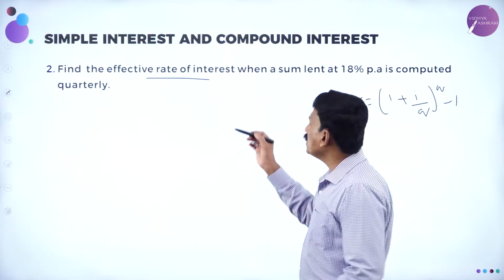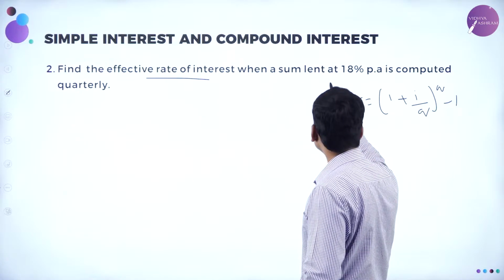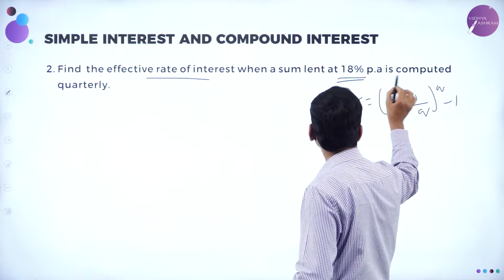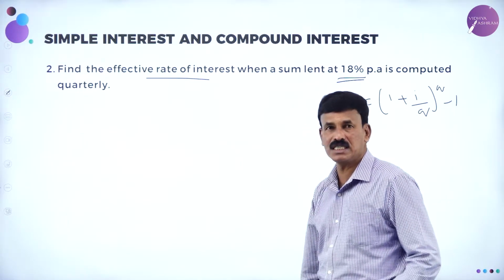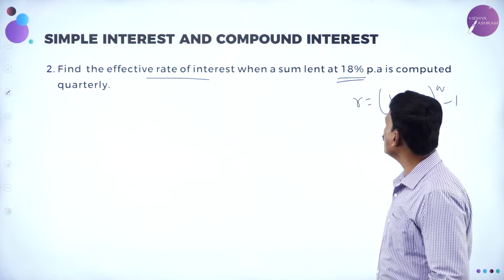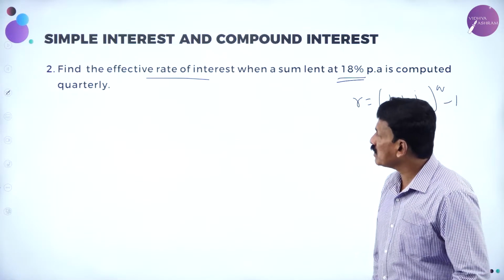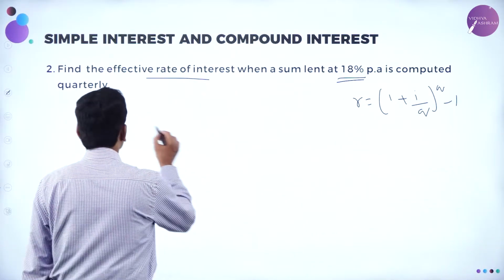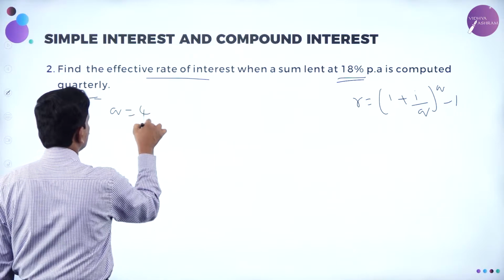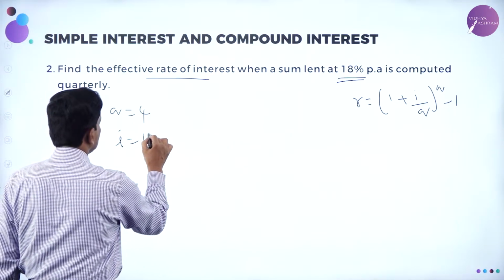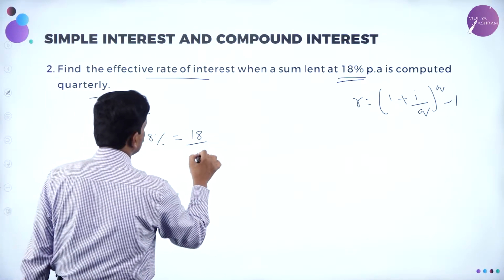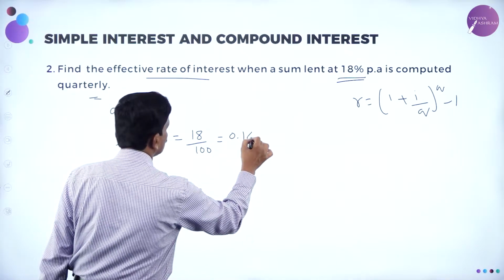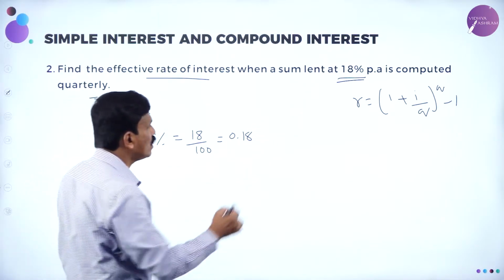Now, find the effective rate of interest when a sum is lent at 18% per annum compounded quarterly. What is given here? Quarterly means Q is equal to 4, and I is equal to 18%, that is 18 divided by 100, which is 0.18.